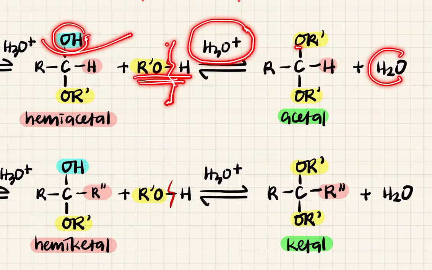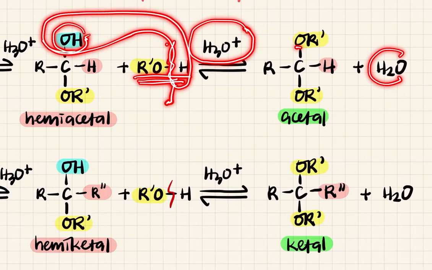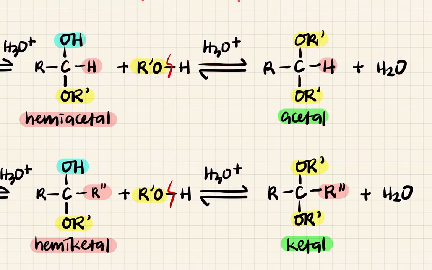Okay, ini dengan ini form water, and then OR ni akan attach to this carbon. So that's how you get OR. Okay, so daripada hemiacetal dapat acetal. So sekarang hemi ni, masa ni dia ada satu je OR group. So sekarang acetal dia full, ada dua OR group. Okay, hemi also means dia half lah kot.